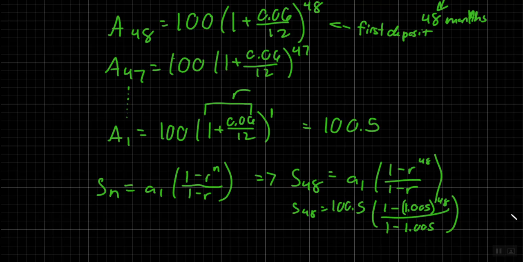Let's all individually put this in our calculator so we know how to put them in the calculator. So 100.5 times my gigantic fraction.